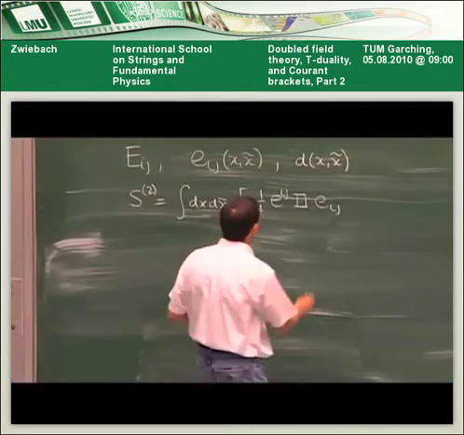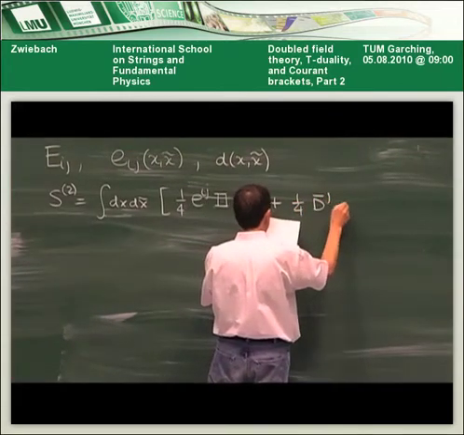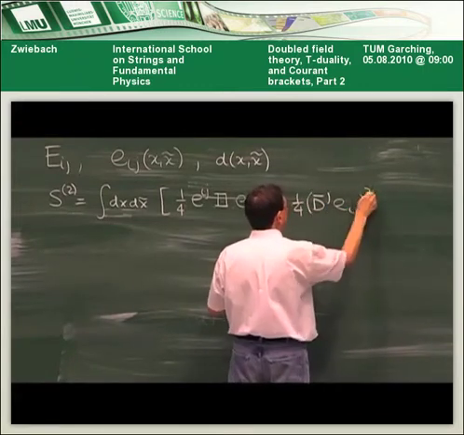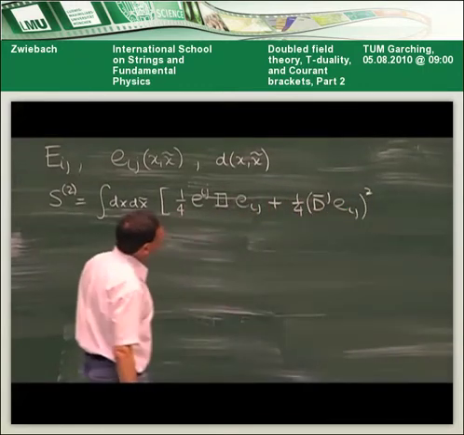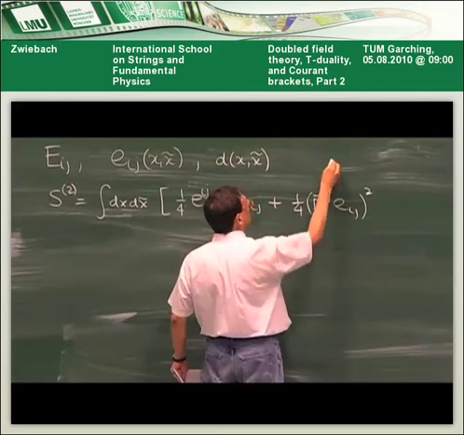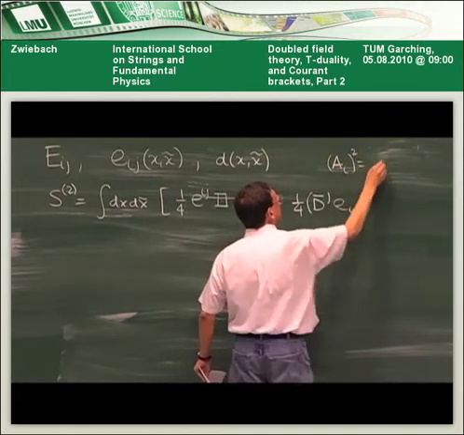Then there is this one, plus 1/4 (D bar^J e_IJ) squared. Well, what does it mean squared? It means that actually this is an object with an index down. So if you write something like a_i squared, we really mean a_i a^i.